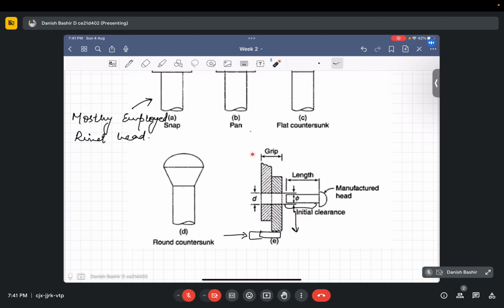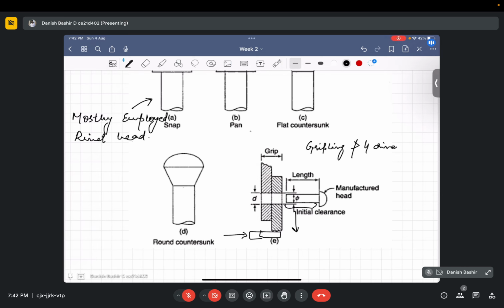So this grip has an important role to play. There is one important thumb rule: the grip length should not be more than 4 times the diameter of the rivet.